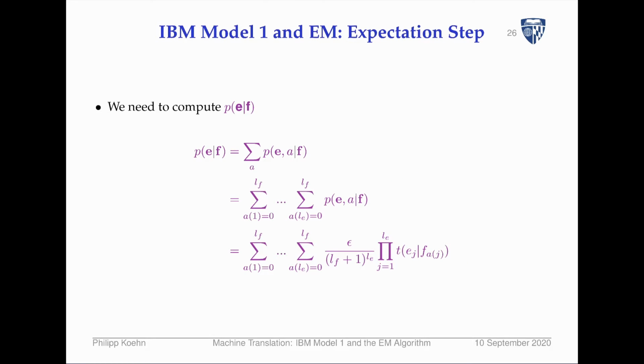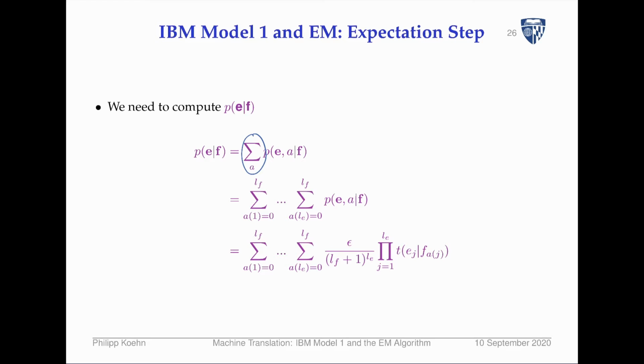So how do we compute this? Well, intuitively, we have to sum over all possible alignments. This is a bit mathematically sloppy. We have an alignment function, and we're just going to go over all the possible values for this alignment function.